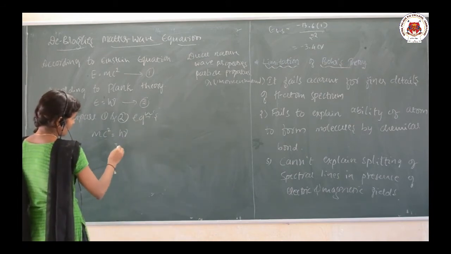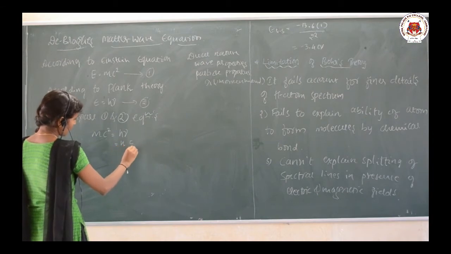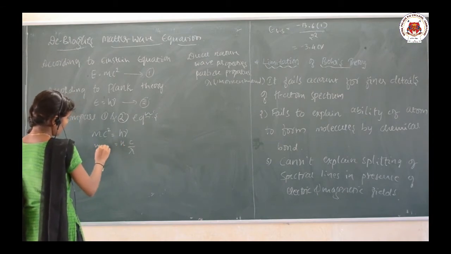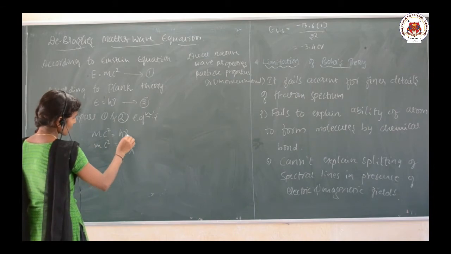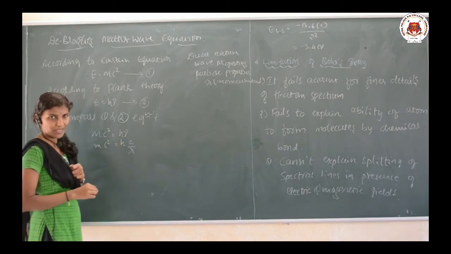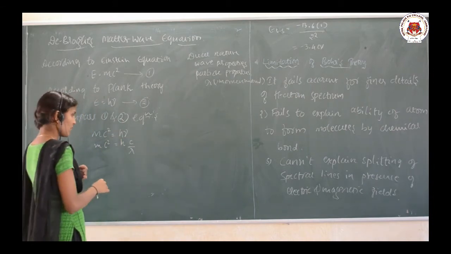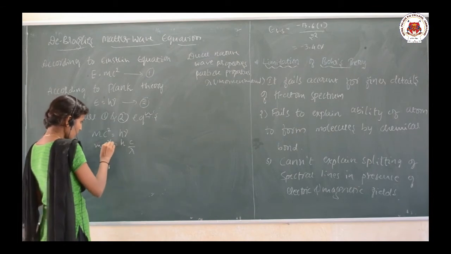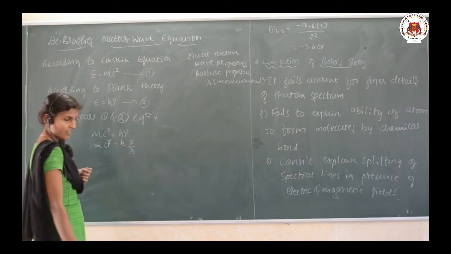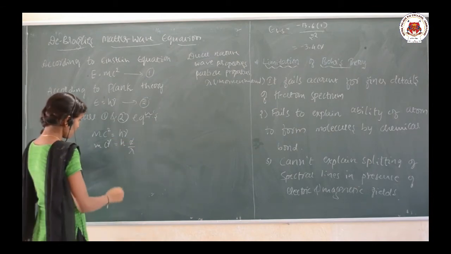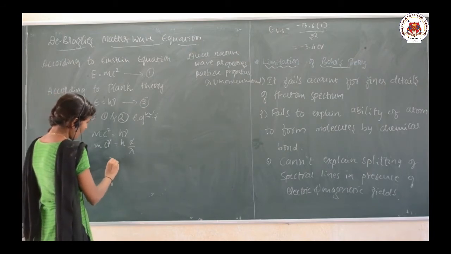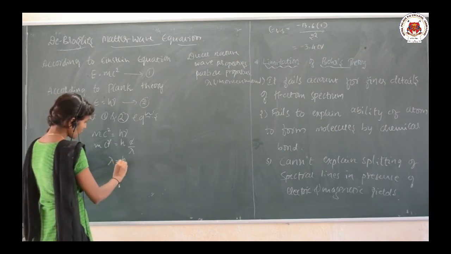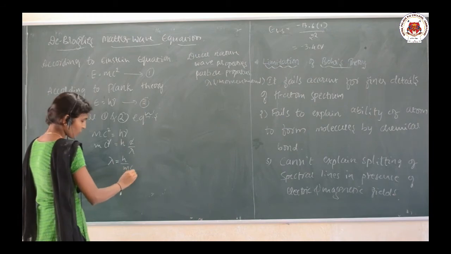Here, mc square is equal to h as it is, and nu is equal to c by lambda. Now, one c gets cancelled. So, lambda is equal to h upon mc.